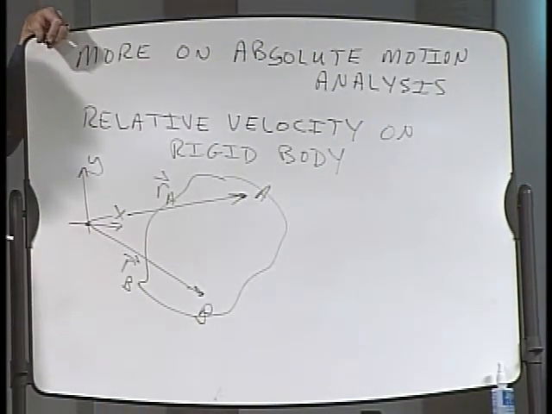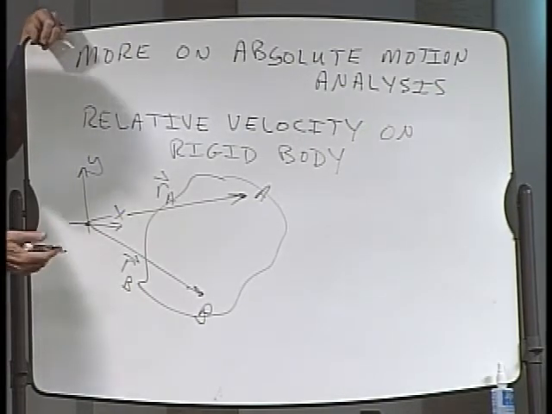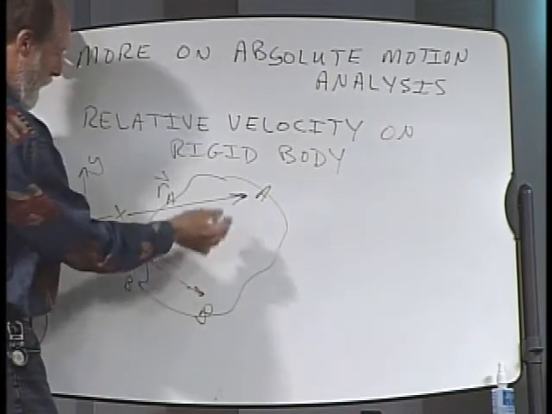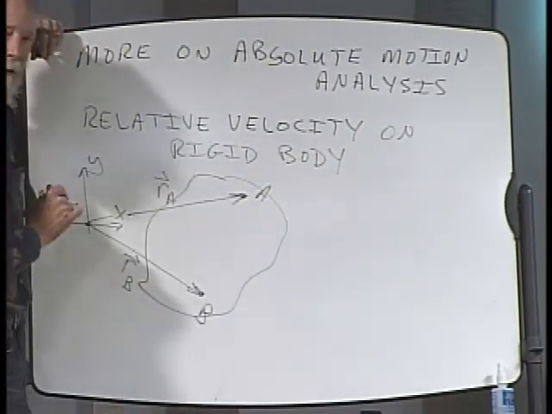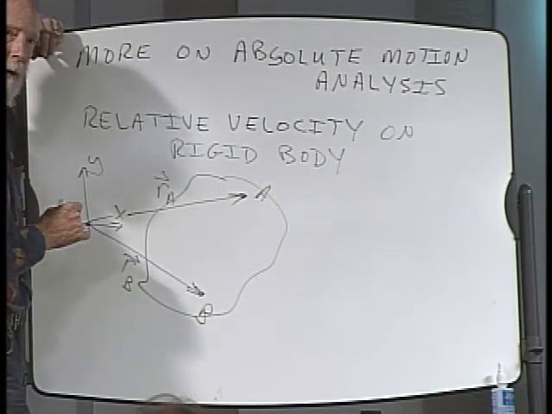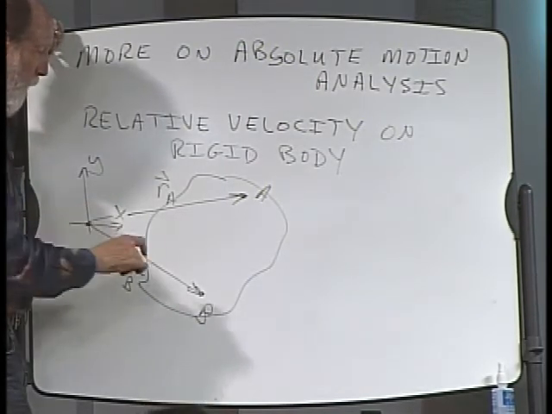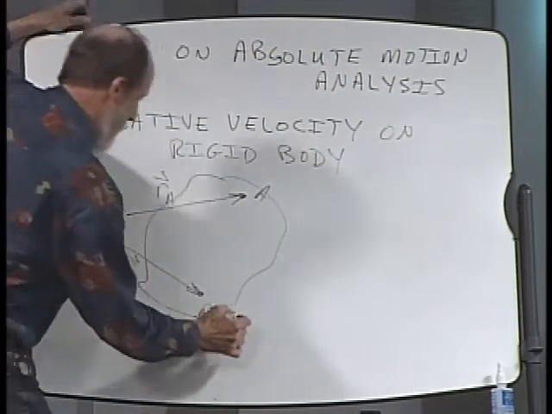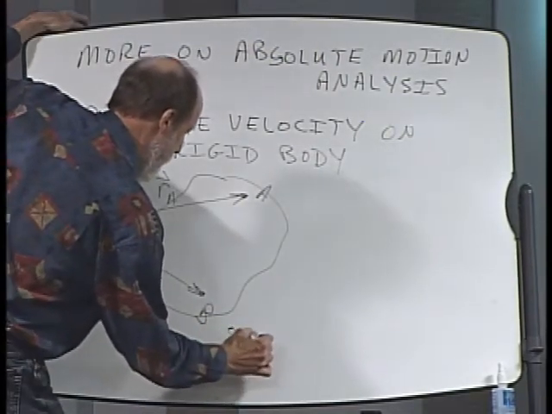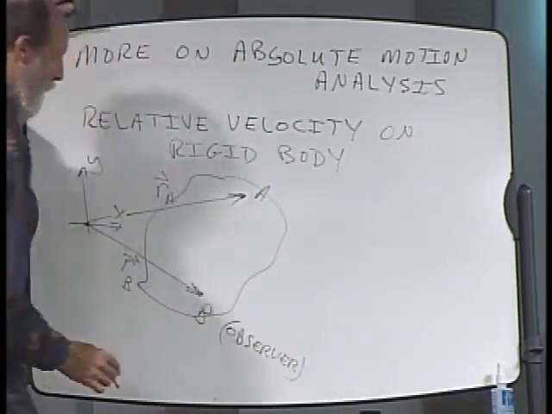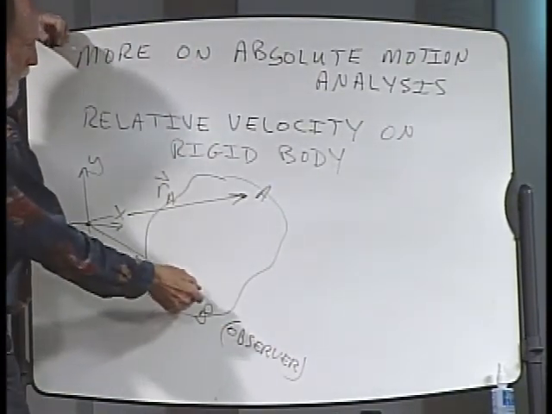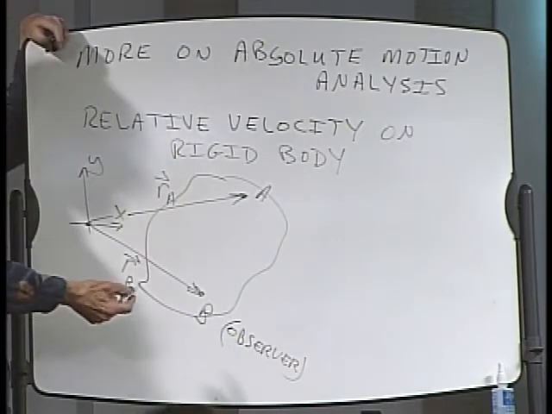Now what else could we put on there? The position vector between the two of them. Yeah, a relative position vector between the two of them, and we could point that either direction, couldn't we? So let's say we're the observer here at B. Then if we're the observer here, we're probably going to be keeping an eye on what A is doing.